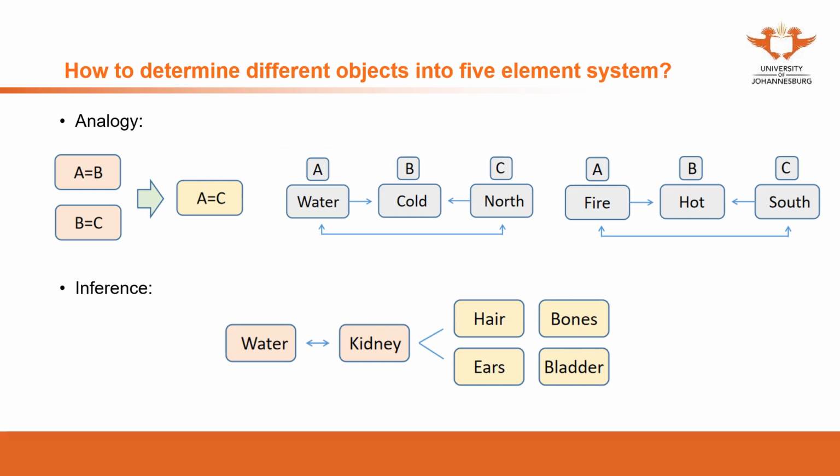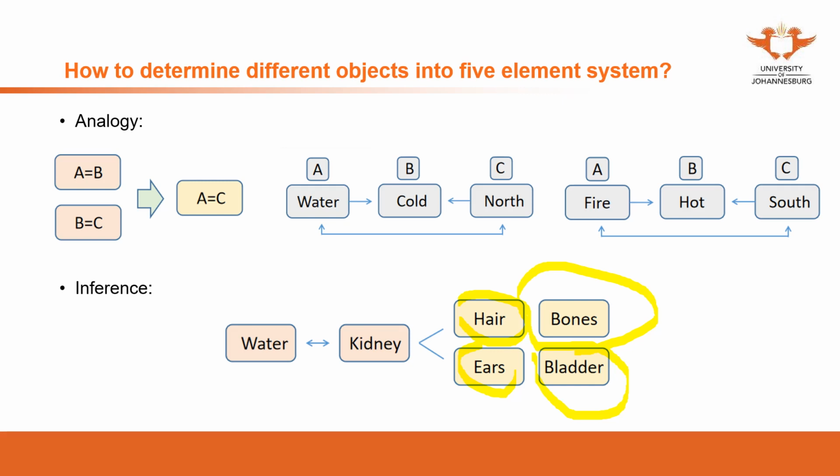The water is related to the kidney. The kidney in the theories is related to the hair, the bones, the ears, and also the bladder. The kidney and bladder are paired organs, or coupled organs. We are going to discuss these in the Zangfu theories.